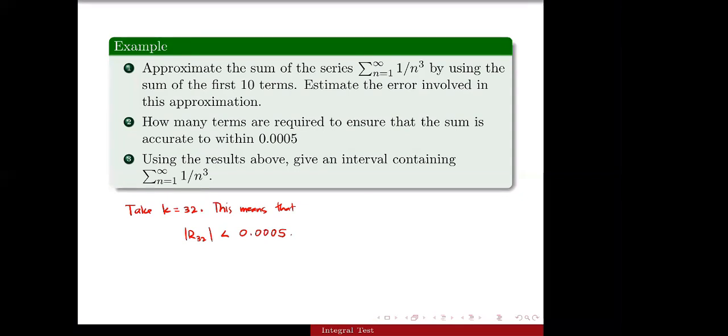For number 3, using the results above, give an interval containing the sum of 1 over n cubed. So let's choose k equals 32. Let's choose the result in item number 2, because if we choose item number 2, the error is smaller compared to just choosing 10 terms.